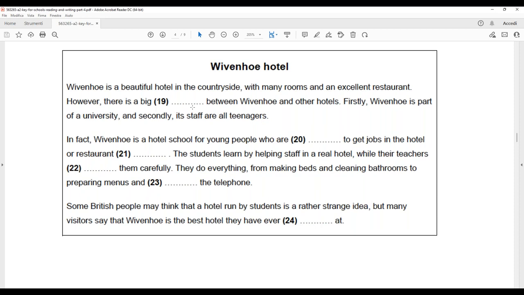However, there is a big ___ between Vivenau and other hotels. Firstly, quindi prima di tutto, Vivenau is part of a university, and secondly, its staff are all teenagers. Interesting. Its staff are all teenagers.